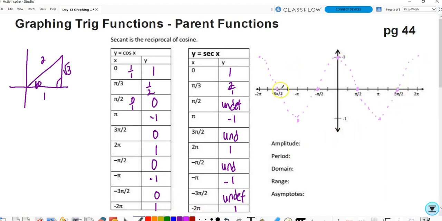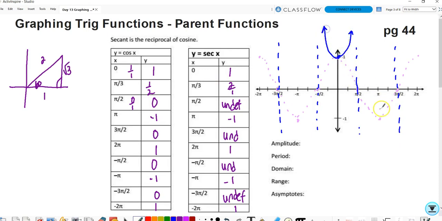Because then anywhere that cosine was 0, the reciprocal would be undefined. So I know all these x-intercepts on cosine are the asymptotes for secant. And then instead of being this curve down, I know it's going to curve up towards the asymptotes. And from the minimum, curve down towards the asymptotes.